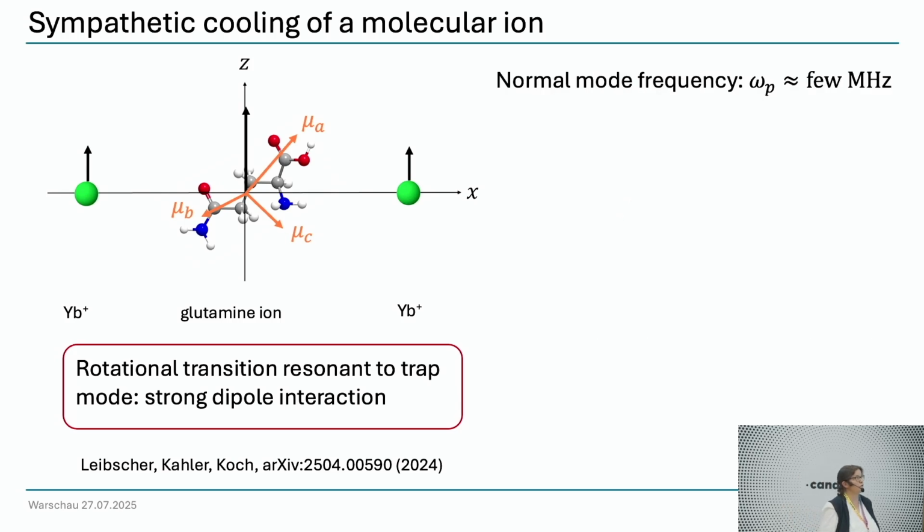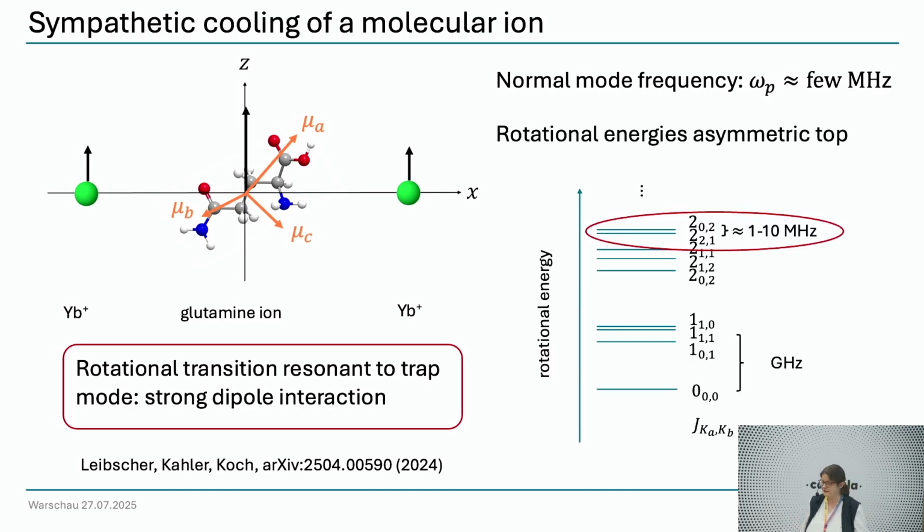Normal mode frequencies in a trap are of the order of a few megahertz. So can we find rotational transitions of that order? And this is the nice thing about asymmetric top molecules, that they have such diverse level splittings in the rotational spectrum.